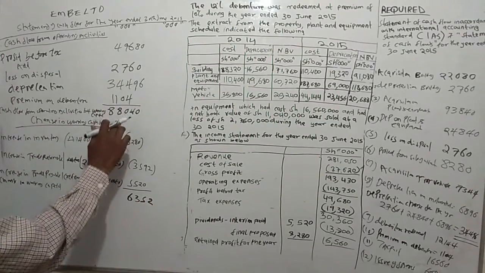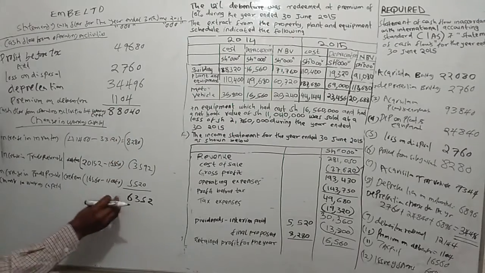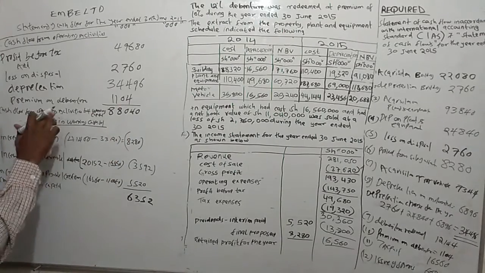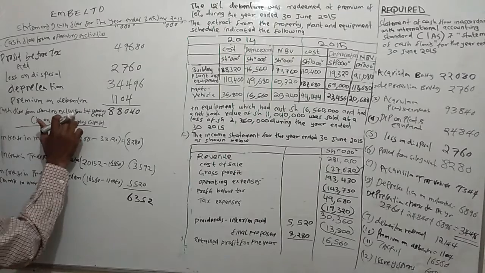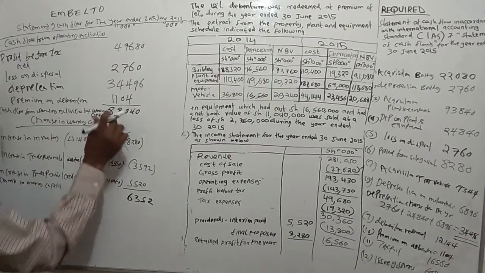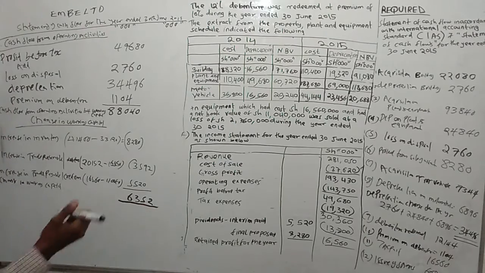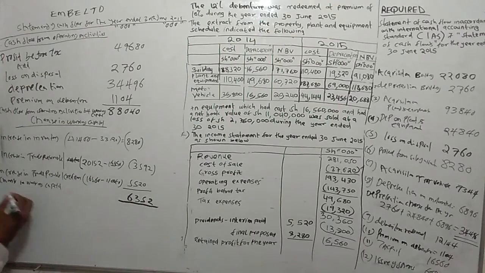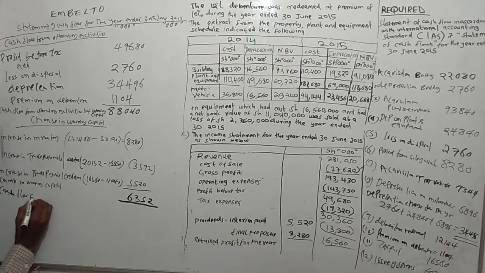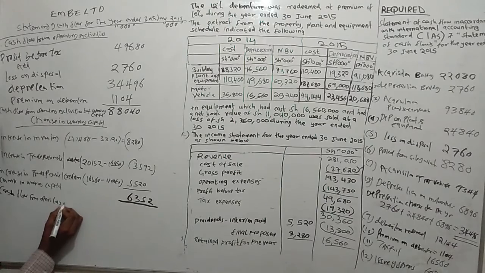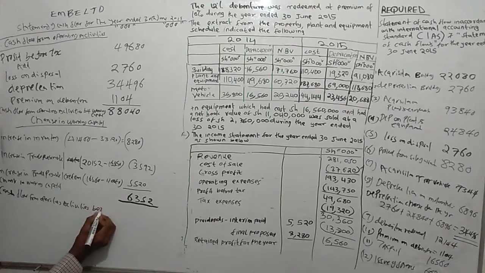Remember, this is the change in working capital. Here we have the cash flow from the operating activities before working capital. Therefore we add so that we get the cash flow from operating activities before tax.